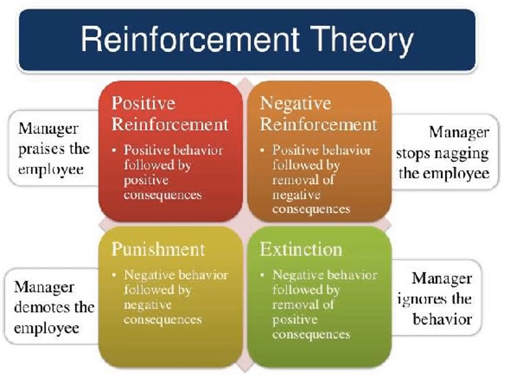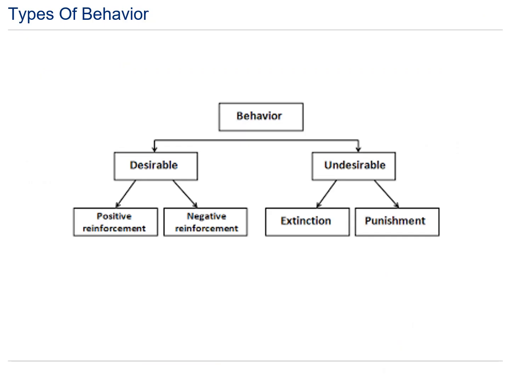So, depending upon the behavior of an employee, the manager can use any of these four strategies and reinforce that behavior. Depending upon the type of behavior, the consequences can be applied. If the behavior is desirable, positive and negative reinforcement can be applied. And if the behavior is undesirable, then extinction and punishment strategies can be applied.